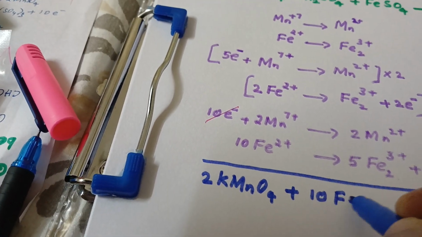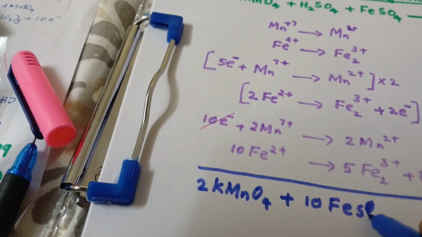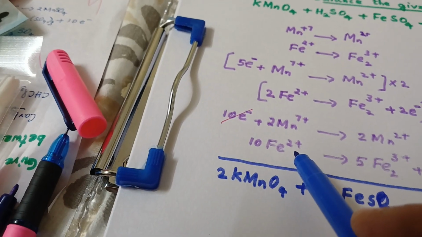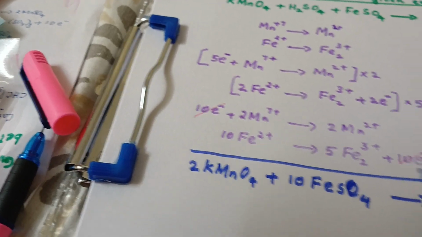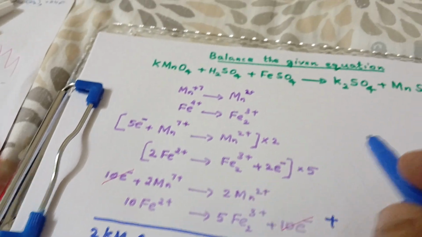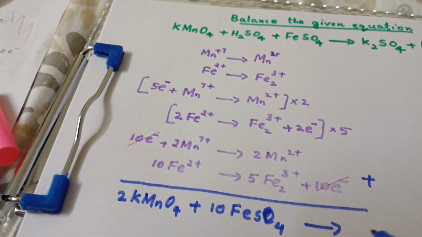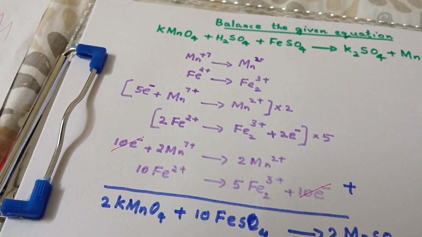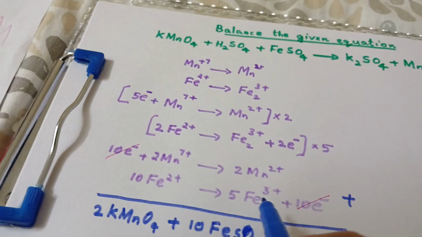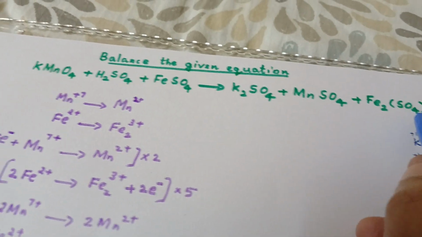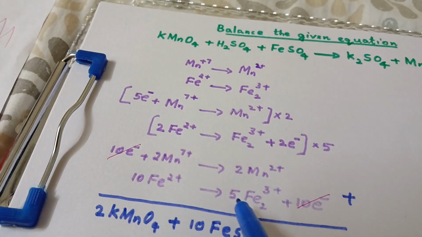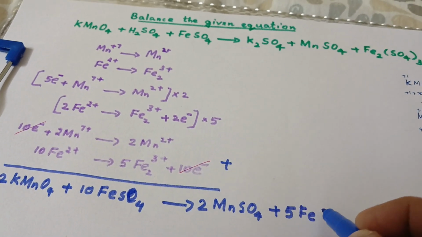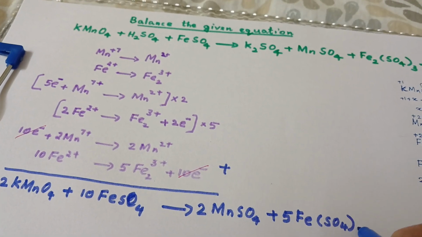Then anything else? Not on this side. Giving 2 Mn 2+, that is 2 MnSO4, plus 5 Fe2 3+. Fe 3+ we got from Fe2(SO4)3, so that is 5 Fe2(SO4)3.